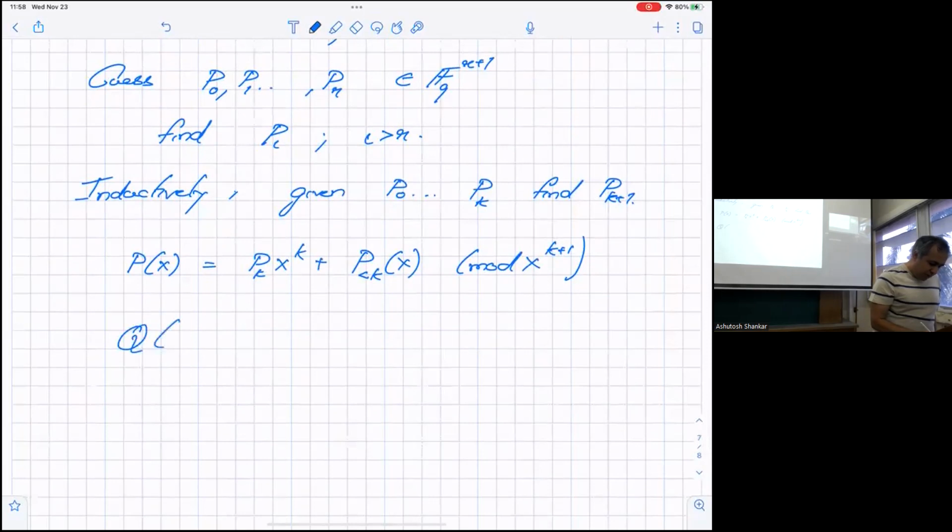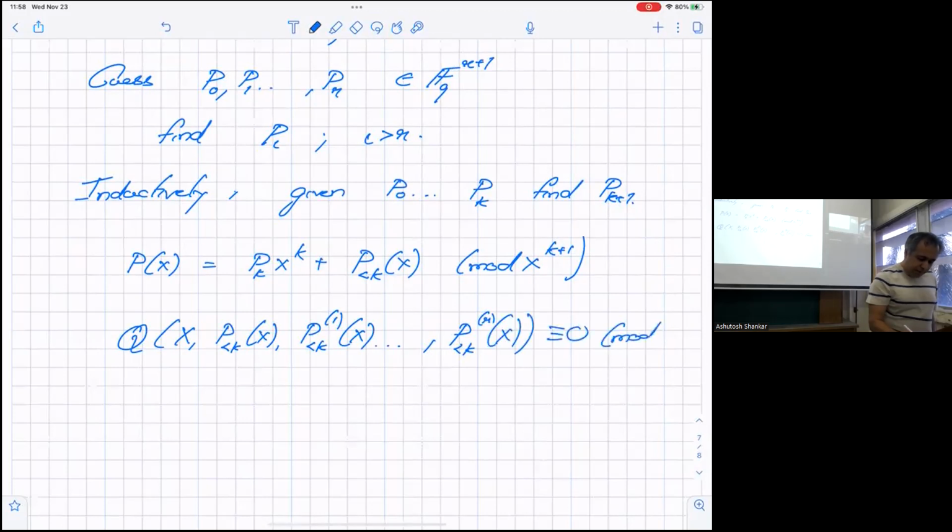So what do we have? We have Q of x, P less than k of x, P less than k first derivative of x, up to P less than k r-th derivative of x. We know this is 0 mod, which mod should I go over here? k plus 1 minus r.